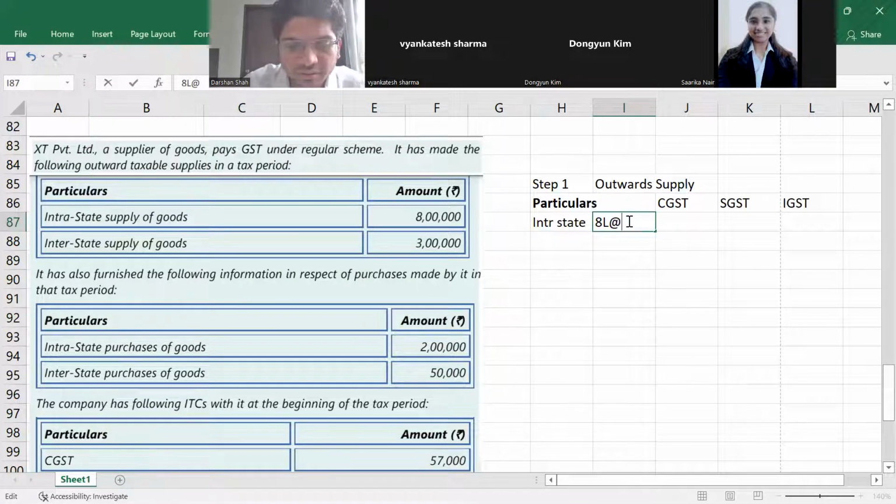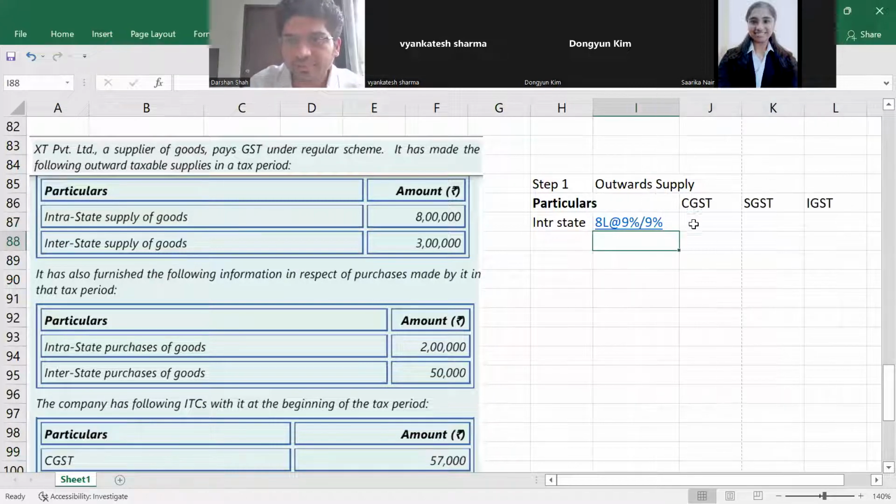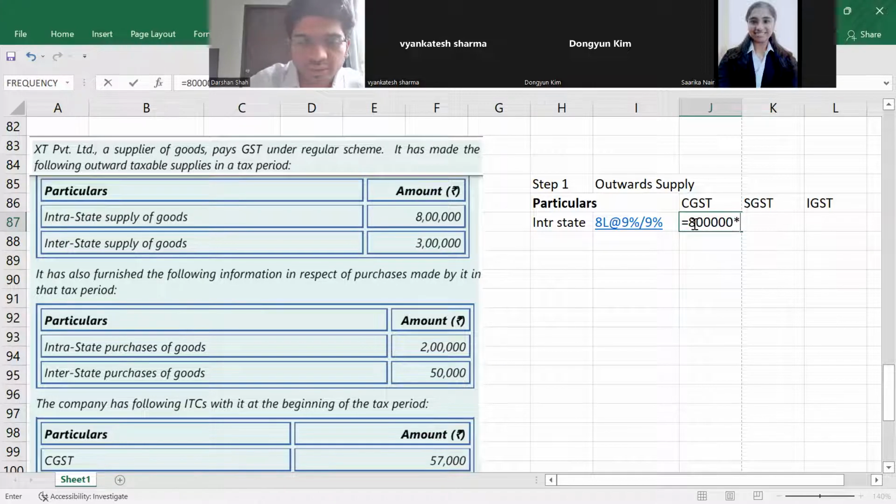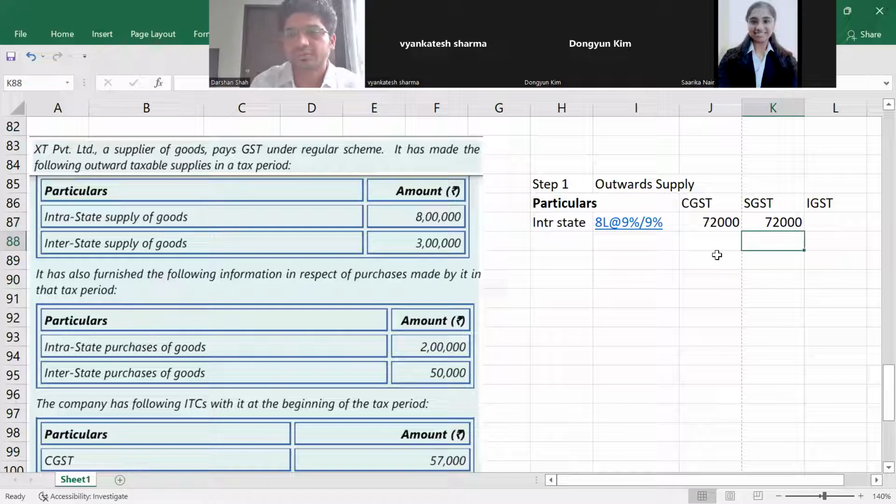GST is 9%/9%. Correct? CGST is 9%, SGST is 9%. So 8 lakh into 9% is 72,000, and this is also 72,000. No problem. This is the output GST. Understood now why I have broken it up into 72 and 72? Because it is an intrastate supply.